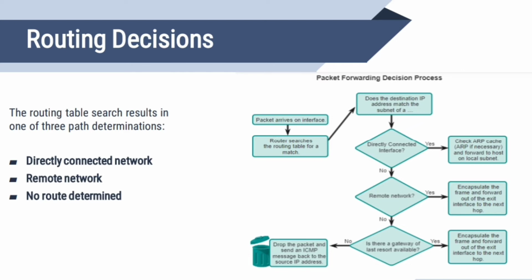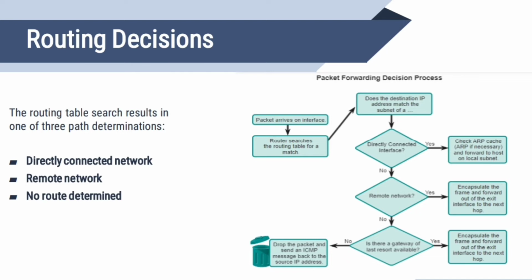Lastly, no route determined. If the destination IP address of the packet does not belong to either a connected or remote network, the router determines if there is a gateway of last resort available. A gateway of last resort is set when a default route is configured on a router.